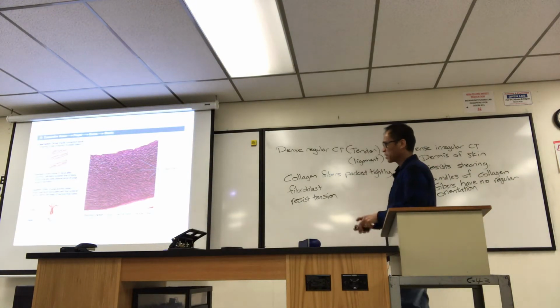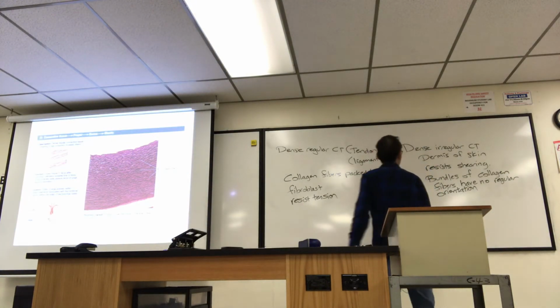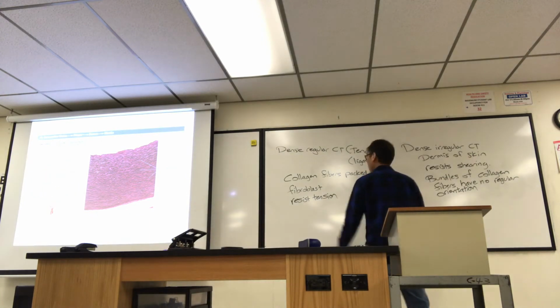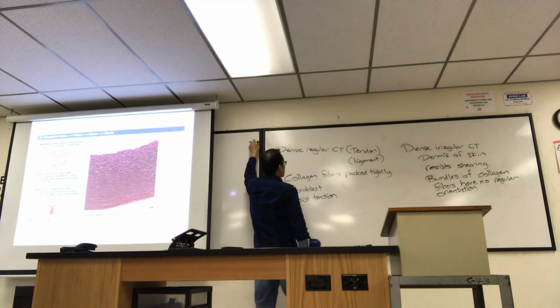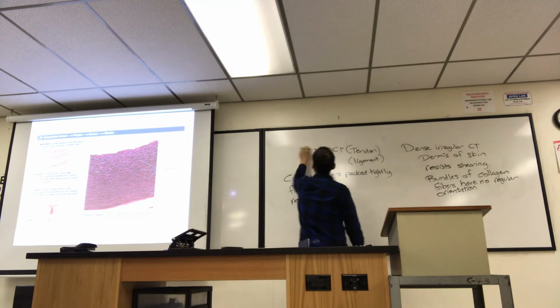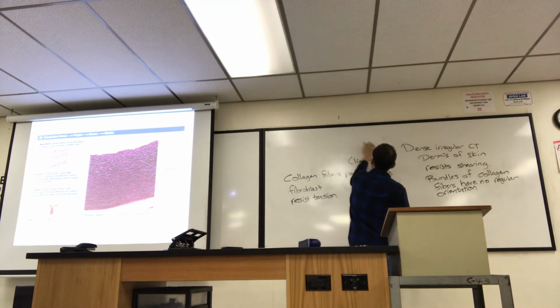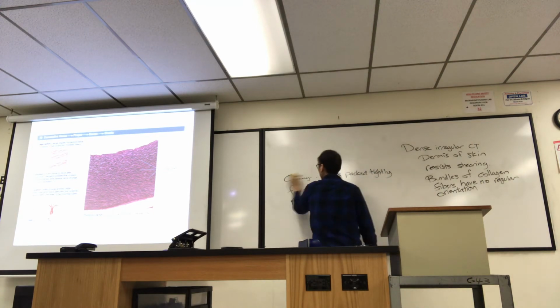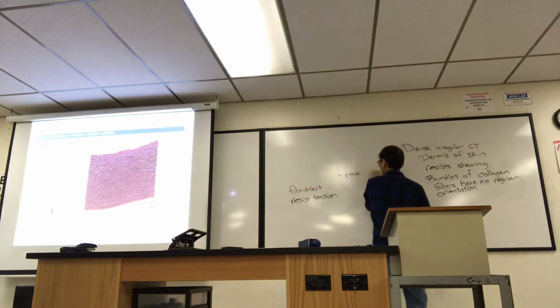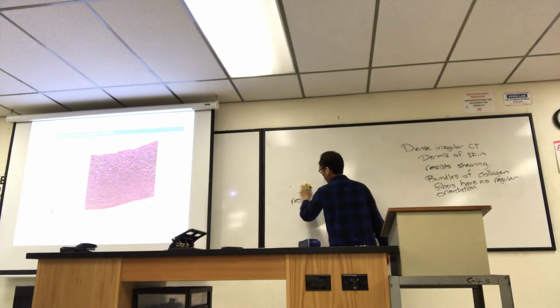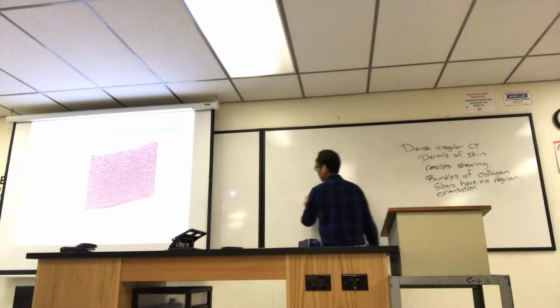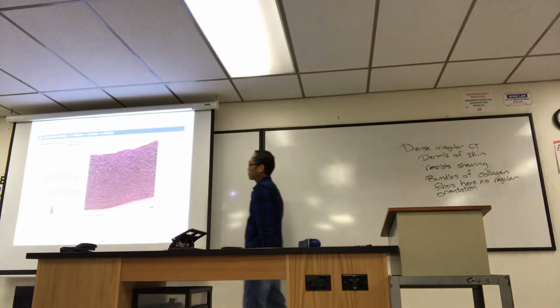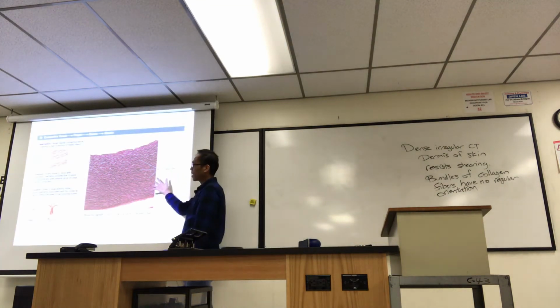This is elastic tissue. Elastic tissue, just like the name implies, provides elasticity. This is aorta. That's the example I'll give you.